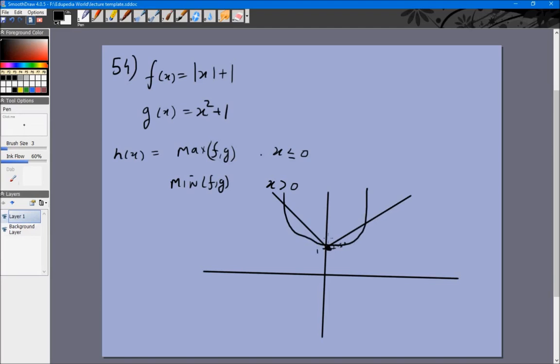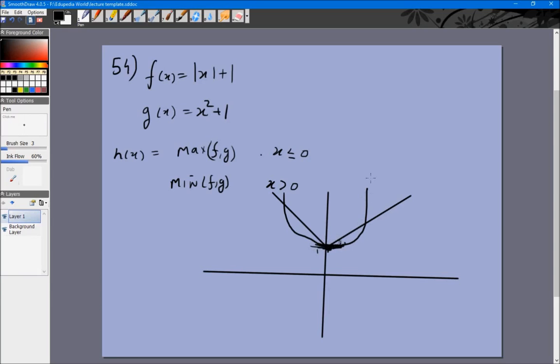Right. Now, this part I am just assuming. Here we know that the slope of x square plus 1 is 2x, that is 0 at x is equal to 0. Right. And on the positive side, this angle is 45 degrees. This slope is 1. So obviously, this will go below this. But f(x) always has the slope 1. The slope of g(x) keeps increasing.